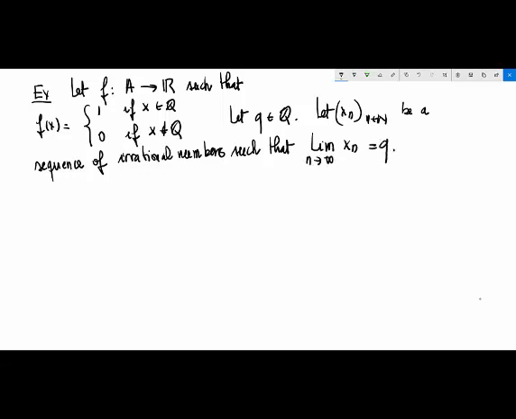I'd like to comment here that this can be achieved as a corollary of the density of the rationals. Right? We can find a sequence of irrational numbers which is convergent to q.